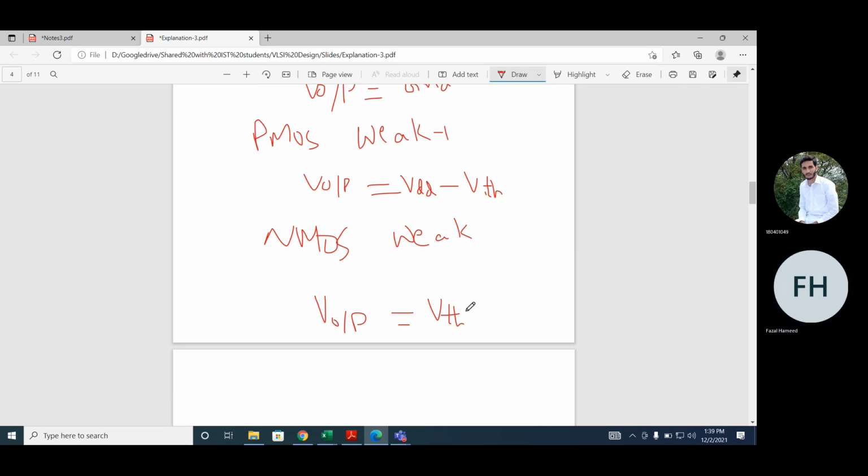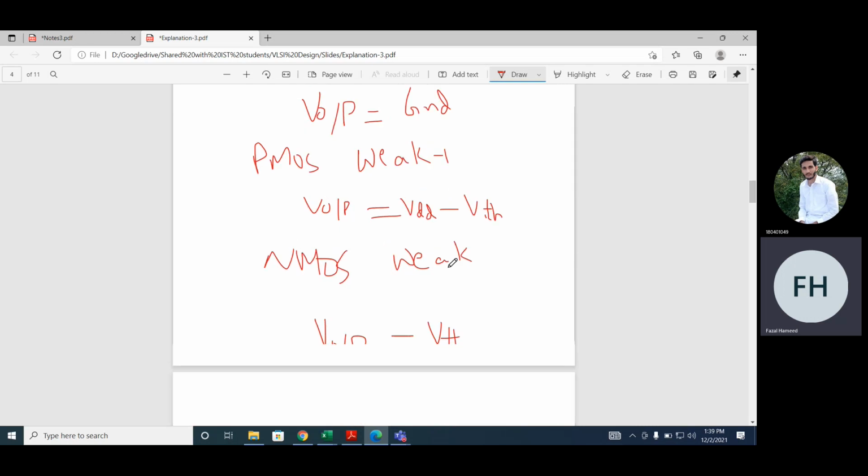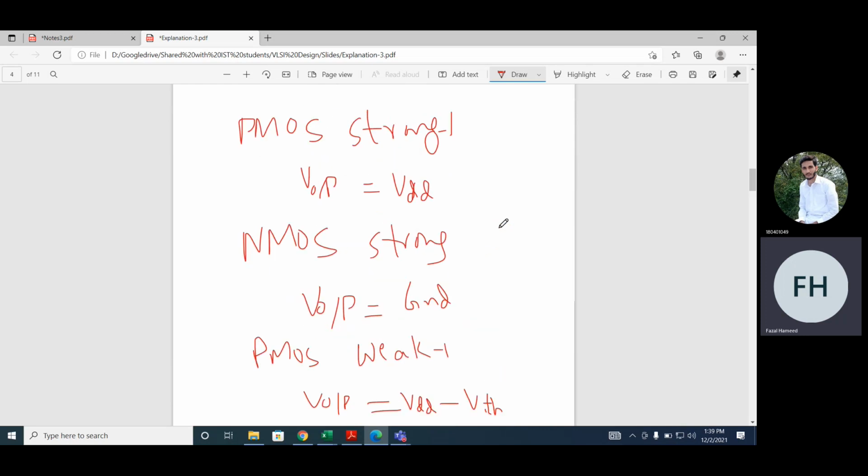NMOS provides a weak 1. PMOS provides a weak 0, and a strong 1.